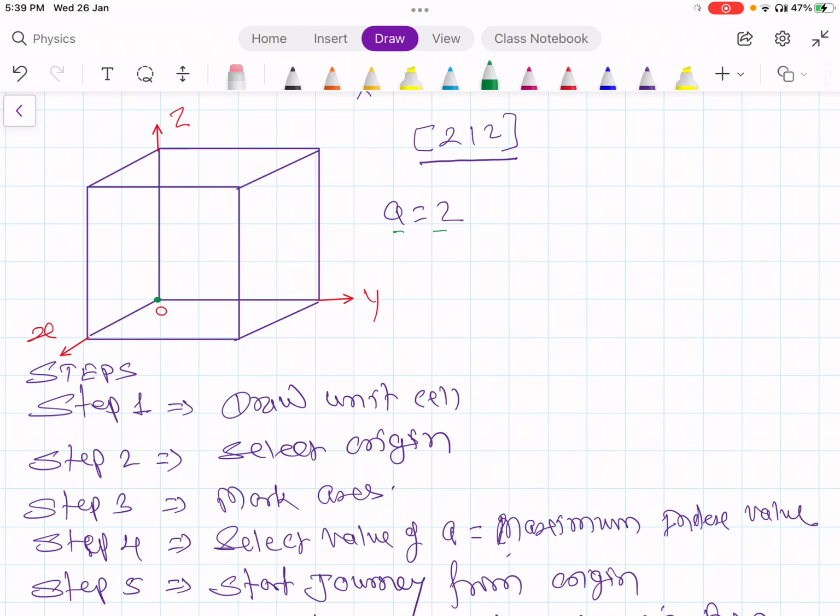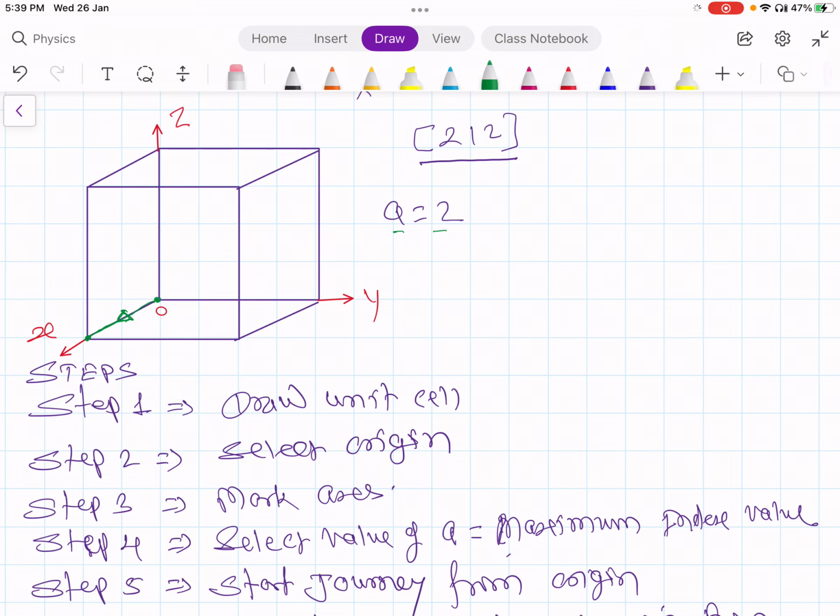So we start from the origin and move distance u, that is 2, along the x-axis. Then we got over here at this point. You have to mark your path by the arrow symbol. So this way you must show the arrow.